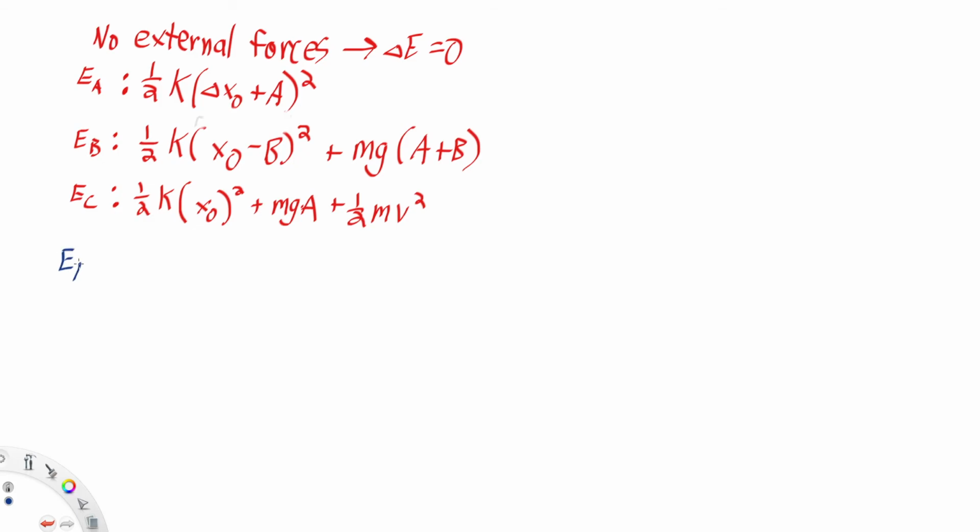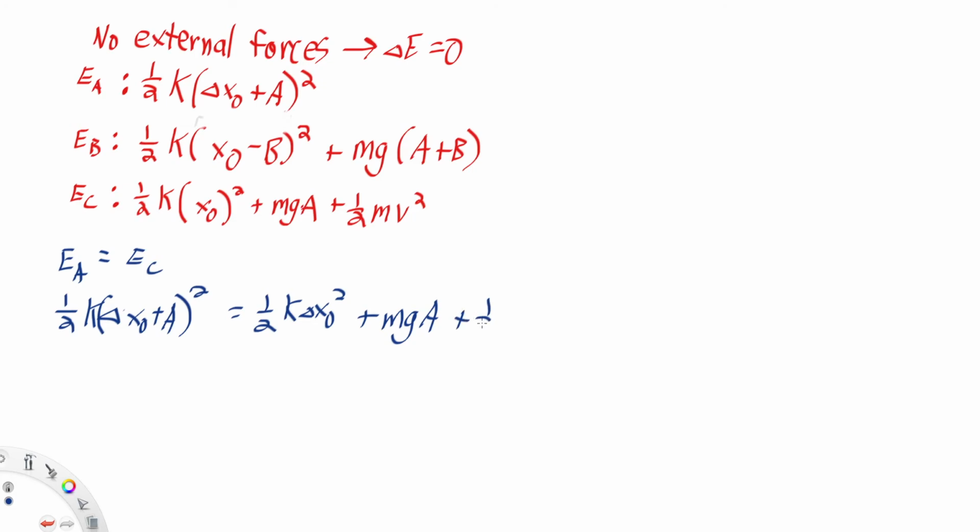So energy at A equals energy at C. We have 1/2 k delta x naught plus A, squared, equals 1/2 k delta x naught squared plus mga plus 1/2 mv squared.